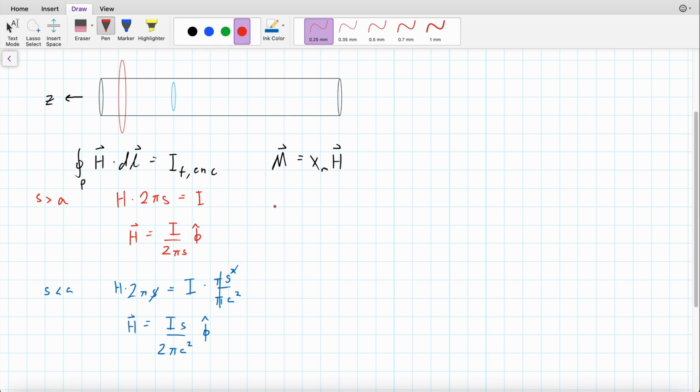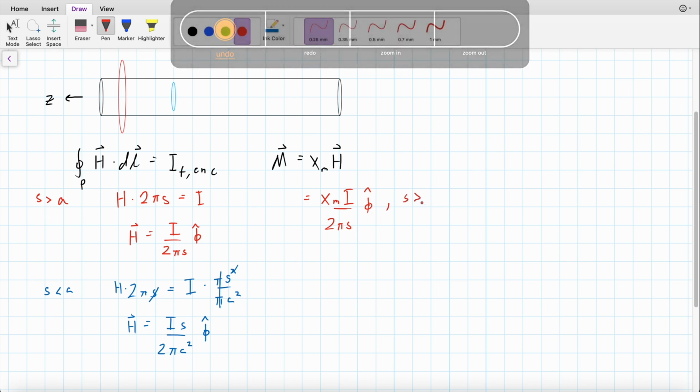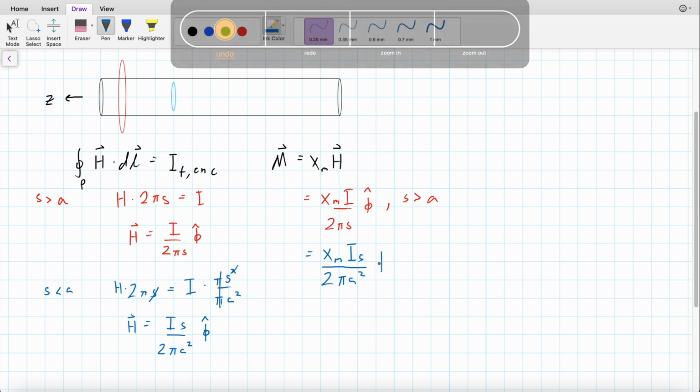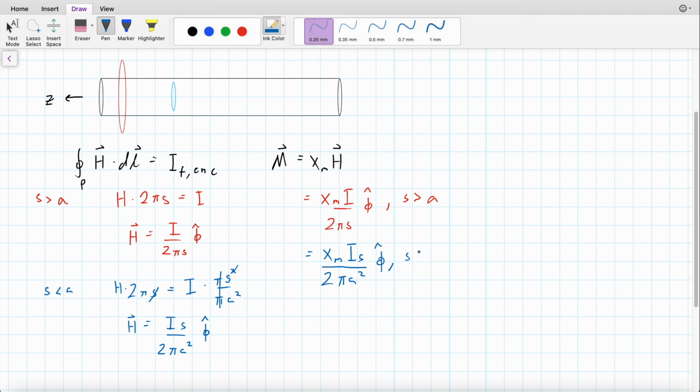For the outside case, simply substitute this in, and you get chi m I free divided by 2 pi s phi hat when s is greater than a, and when s is less than a, we get chi m I s divided by 2 pi a squared in the phi hat direction, s less than a.